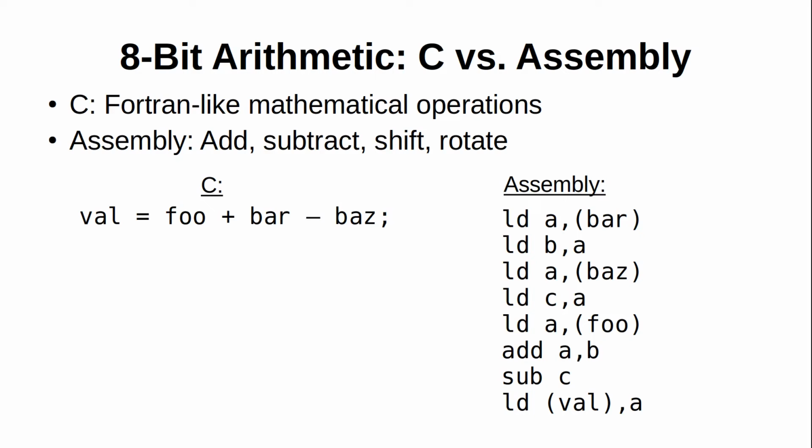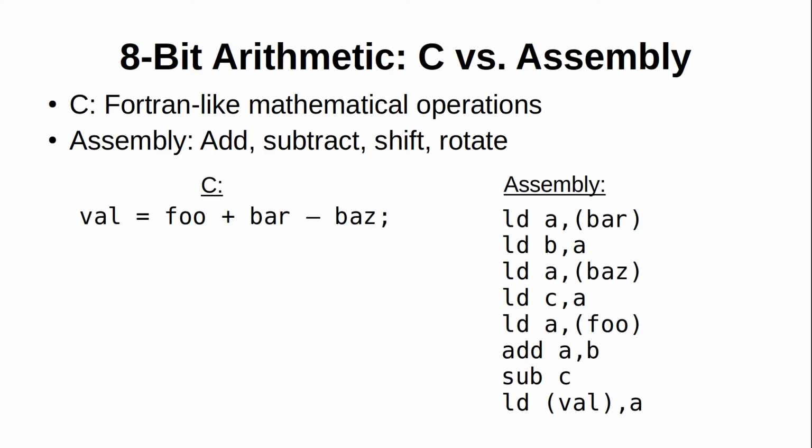Assuming that all of these variables are 8-bit integers, we can reference them using labels and load their values into registers. First, we load the value of bar into A, then copy it into B. Next, we load baz into A, and then store it in C. Finally, we load foo into A, and we are ready to actually do the arithmetic.